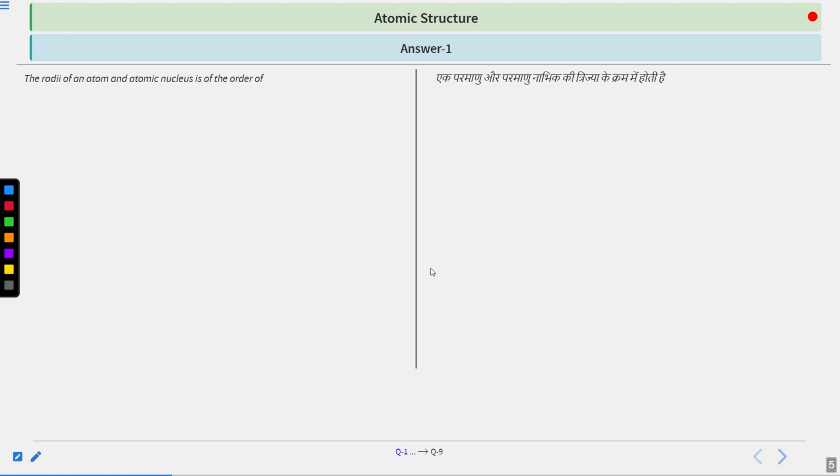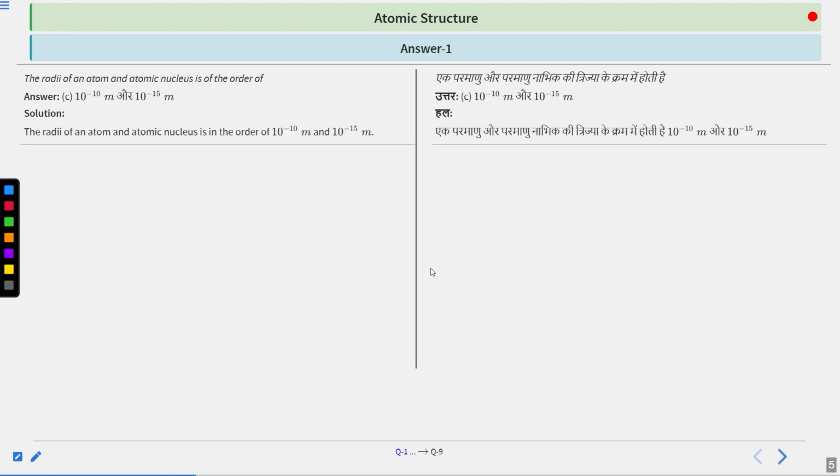Now here, what is the correct answer? The correct answer is 10 to the power minus 10 meter for the atom and 10 to the power minus 15 meter for the atomic nucleus. You may think that this question is completely informative, but that is not the case, and there is a very simple logic behind its answer.